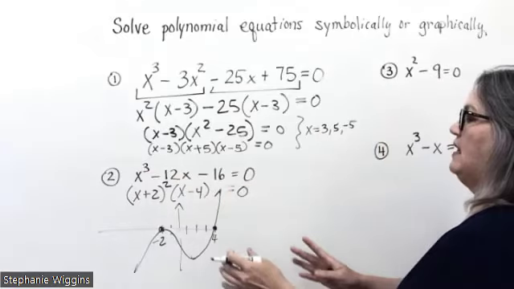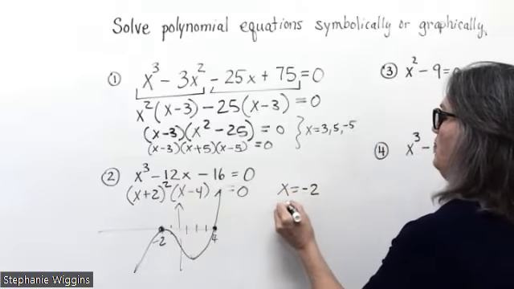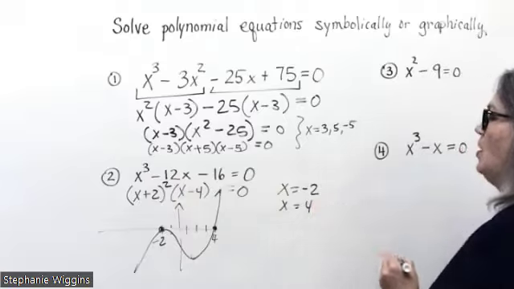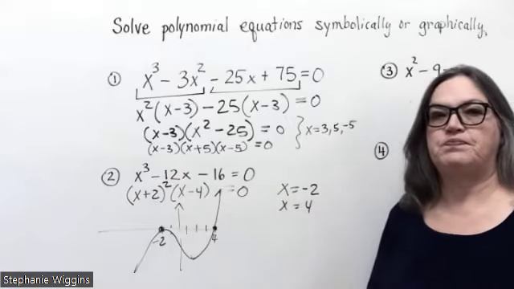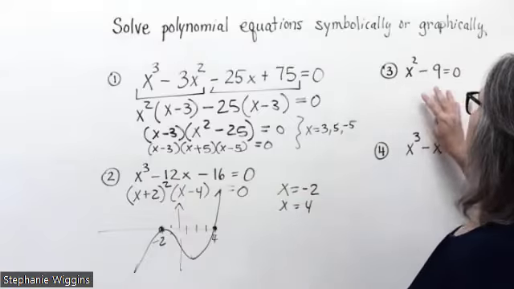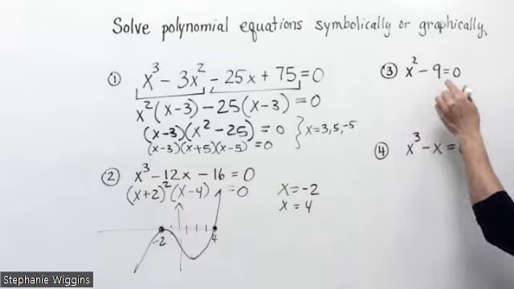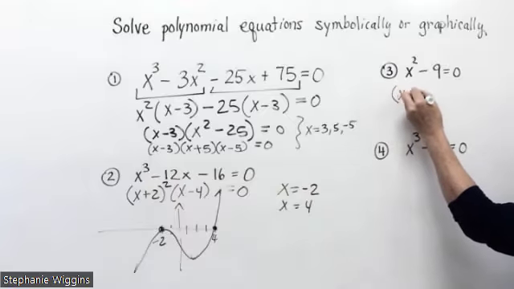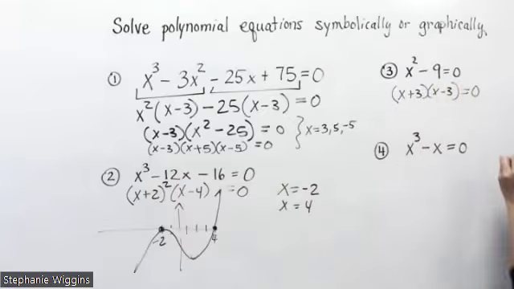So now, looking at this, we know that x equals -2 and x equals 4 are the solutions to this problem. Now, looking at this next one, we have the difference of squares, so that's going to be x plus 3 times x minus 3 equals 0.